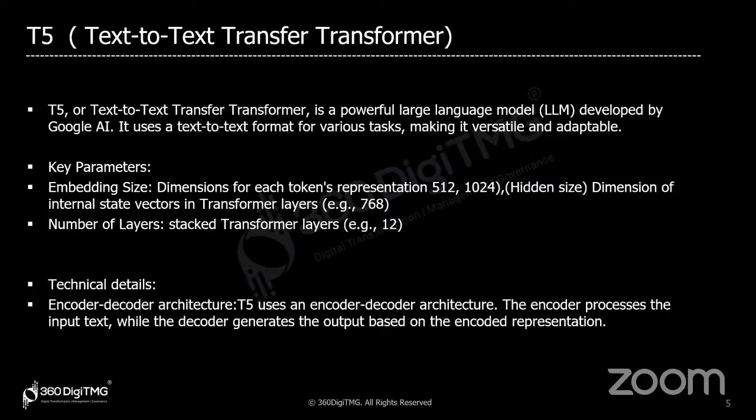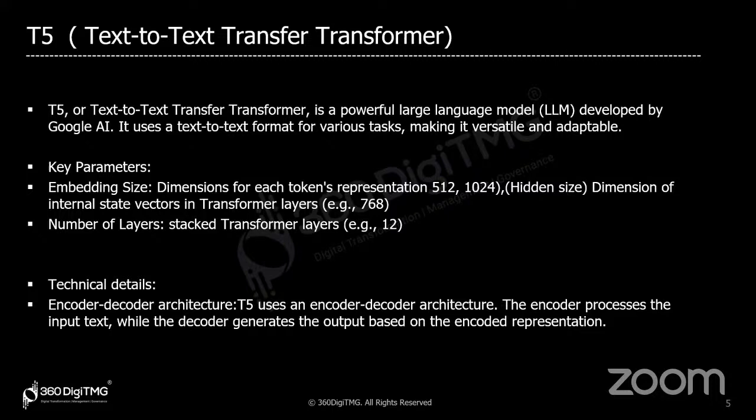The dimension of each token's representation should be 512 to 1024, which indicates that there are different configurations of the models where the embedding size can vary from 512 to 1024.